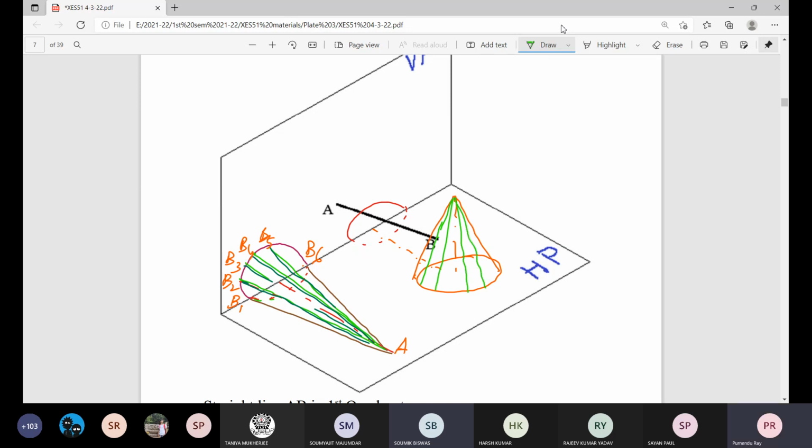Am I clear? Now, what about the angle made by this generator with the horizontal plane? Sir, constant. It is constant at an angle theta.